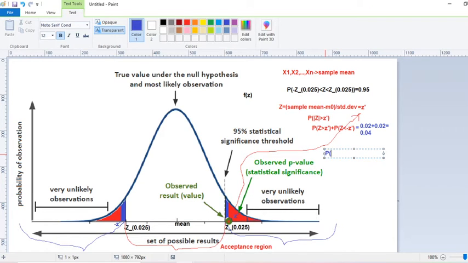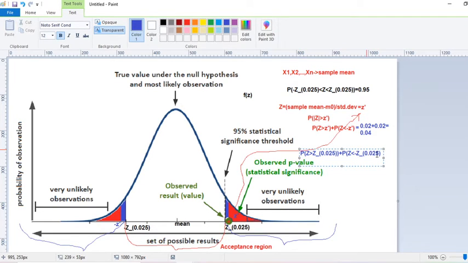Probability of Z greater than z 0.025 plus probability of Z less than minus z 0.025.